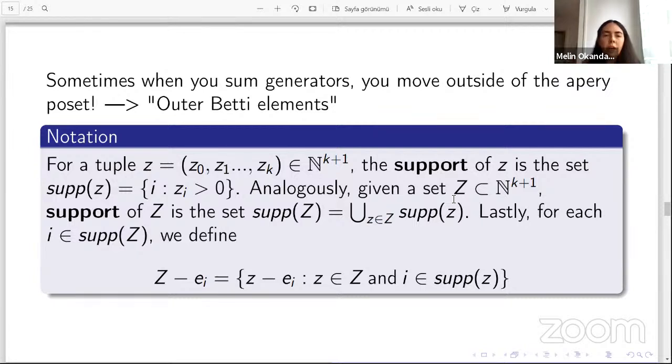And for each i in the support of the set, we will define capital Z minus e_i to be the collection of elements z minus e_i, where z is in the subset. So we are defining this in order to have the Apéry-Betti element, as we will see shortly.